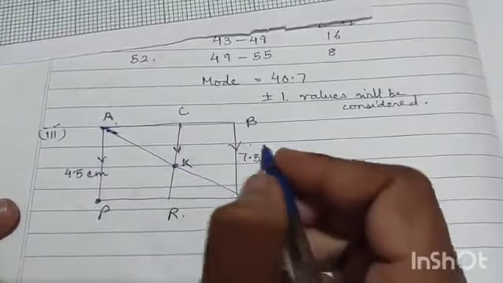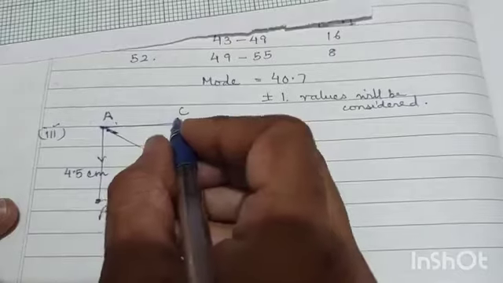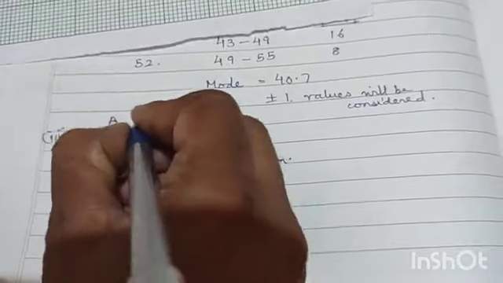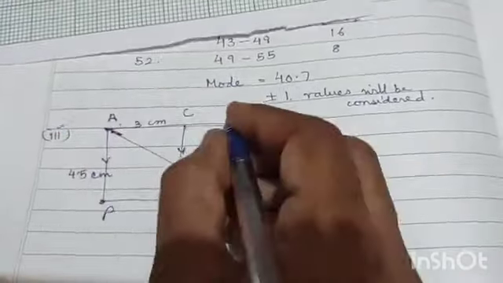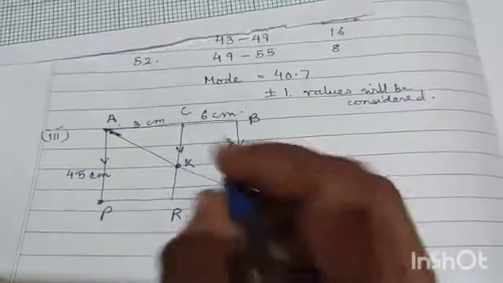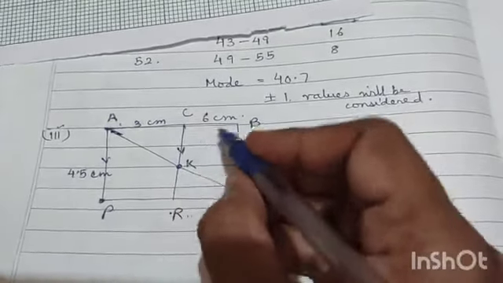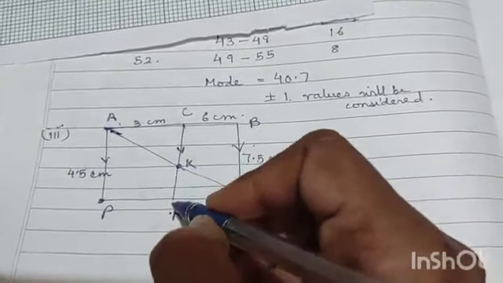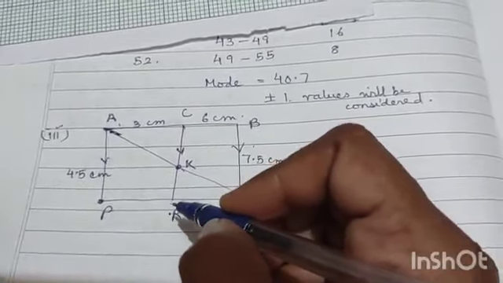In this, AC is given 3 centimeter, CB is 6 centimeter. Find the length of CR. So we will find the length of CK, KR and then add it.